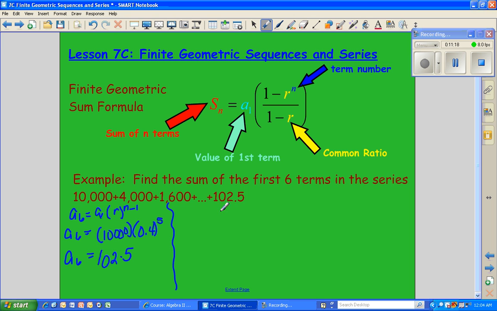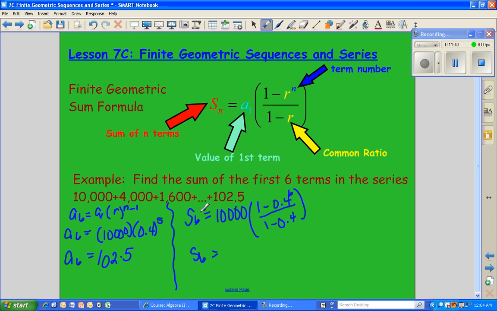All right, so using your formula, you want the sum of the first 6 terms. A sub 1 is the 10,000. You get the 1 minus 0.4 to the 6th power over 1 minus 0.4. And we're going to use our calculator to help us do this.